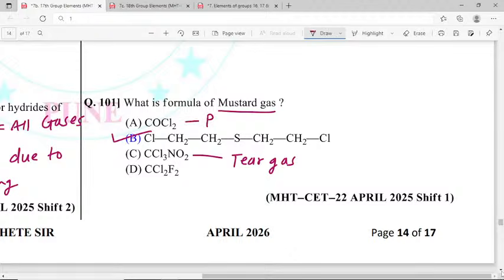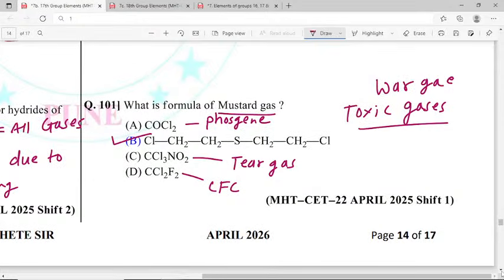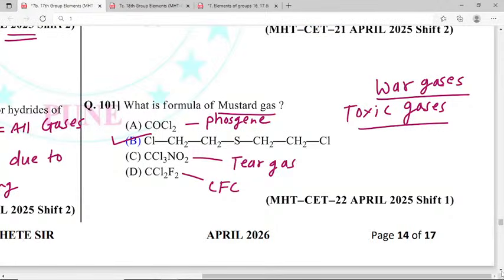This is phosgene, and this is CCl2F2, CFC, chlorofluorocarbon. All three are toxic, poisonous gases.